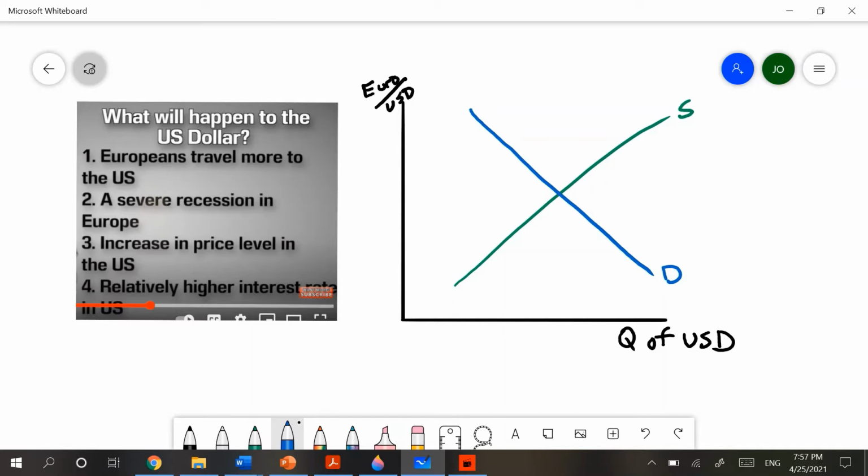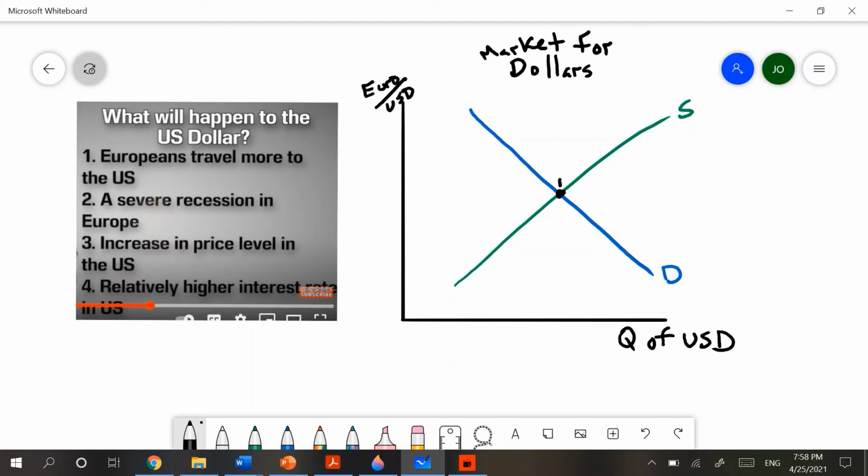Let's go ahead and label our graph so we remember what we're talking about. And let's label our equilibrium so we know our starting position. That's equilibrium number 1.